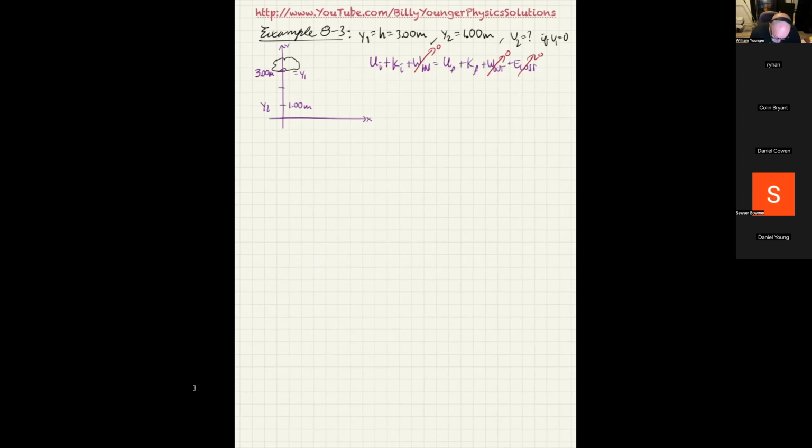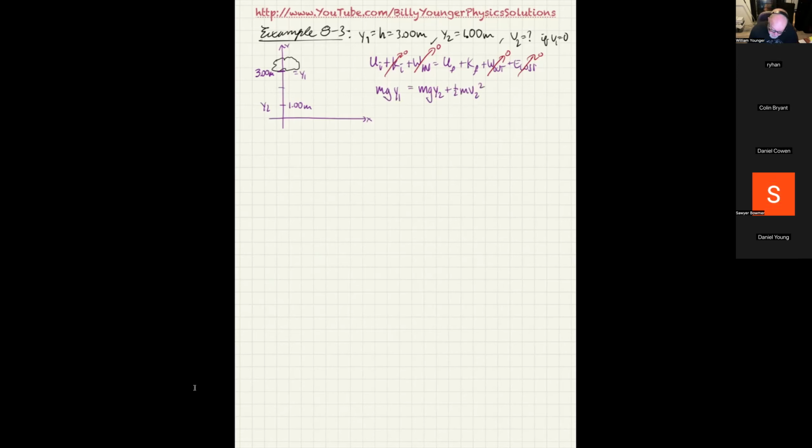But we can say, since we dropped it from rest, that the initial kinetic energy is zero. So what we end up getting is M times G times Y1 is equal to M times G times Y2 plus 1 half M V2 squared.